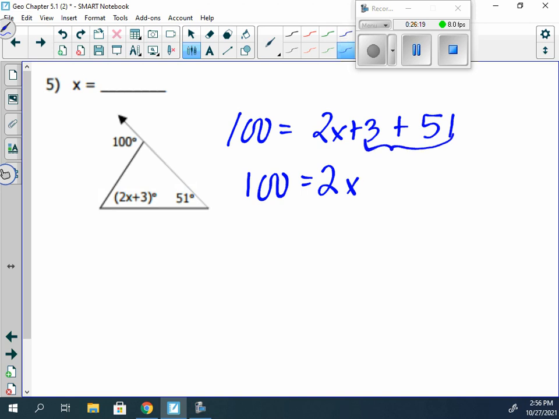Because 3 and 51 are both like terms, yes? If we add them together, we would get... Now we want to get x by itself. So we would subtract 54 from both sides.